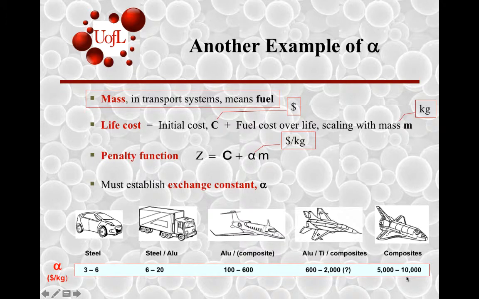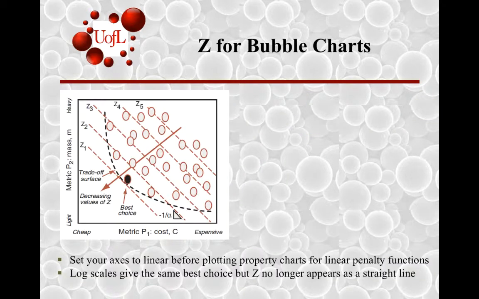And then for space expeditions, for instance, or defense applications, or for aerospace sectors, you're able to work with a much more expensive material just to be able to save on fuel over the lifetime of the material. It turns out that the bubble charts that we can create using EduPack are very useful for being able to determine alpha and z, for this type of optimization.